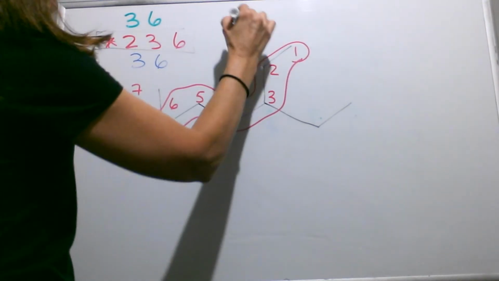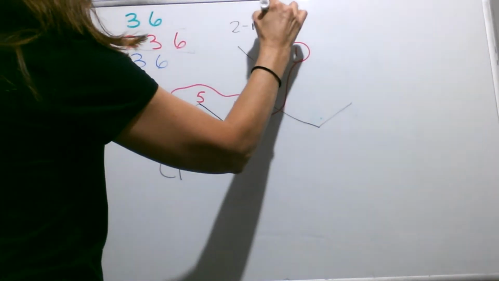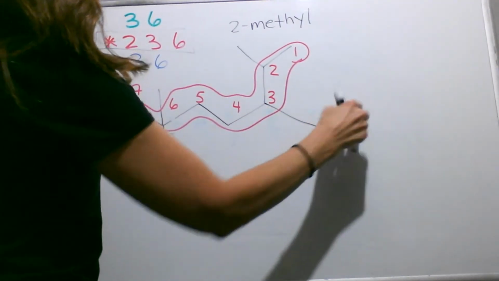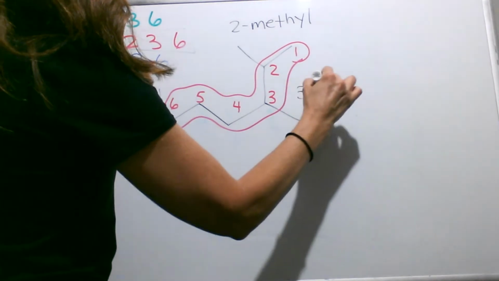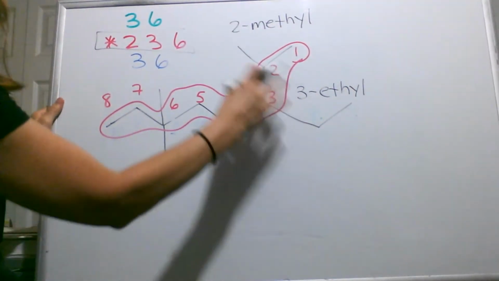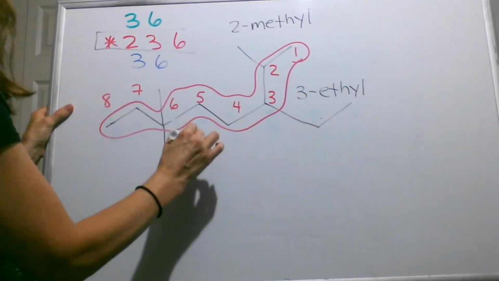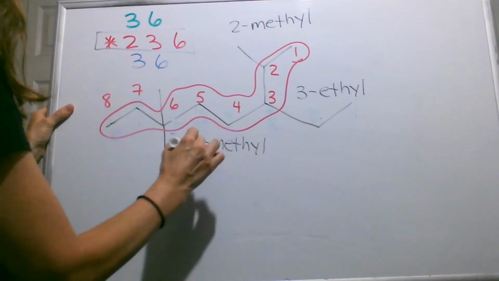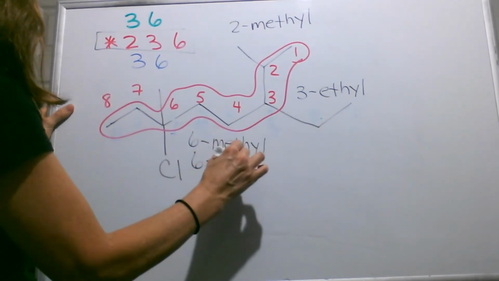So at carbon 2, we have a methyl group, a 1-carbon chunk. At carbon 3, we have a 2-carbon chunk, an ethyl group. So I'm just going to take these notes right here. Over here at carbon 6, we have another methyl group, but we also have a chloro group.